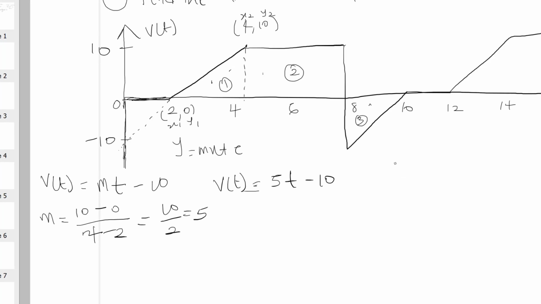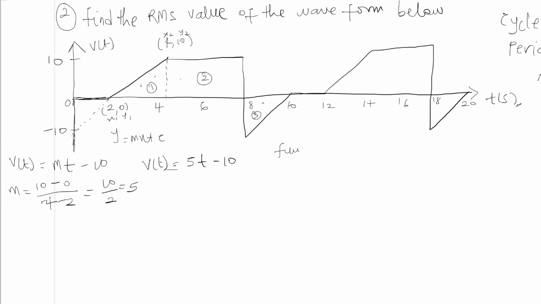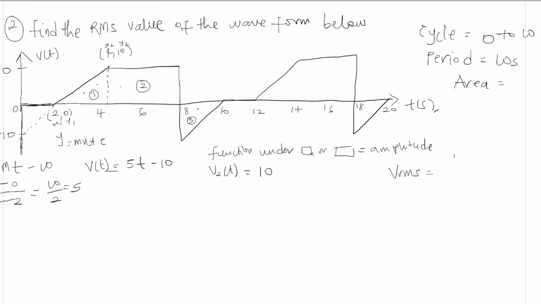From my other videos, you know that the function under a square or a rectangle is the same as the amplitude. It's the same as what? The amplitude. And in this case, I can say that v2t, that is the function under the rectangle here, is 10.